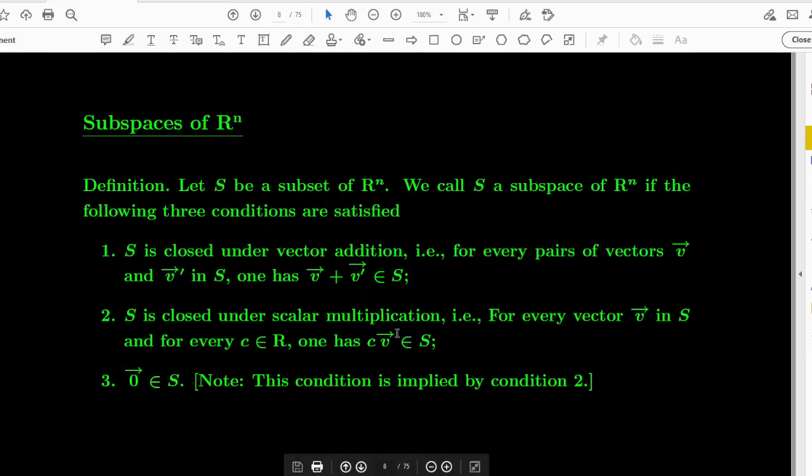Again, in this case, I want you to show S is not a subspace. By that we mean I want you to tell me one of the three conditions is not satisfied. Actually, I can tell you in this case, condition 1 is not satisfied. By that we mean we want to show S is not closed under vector addition.